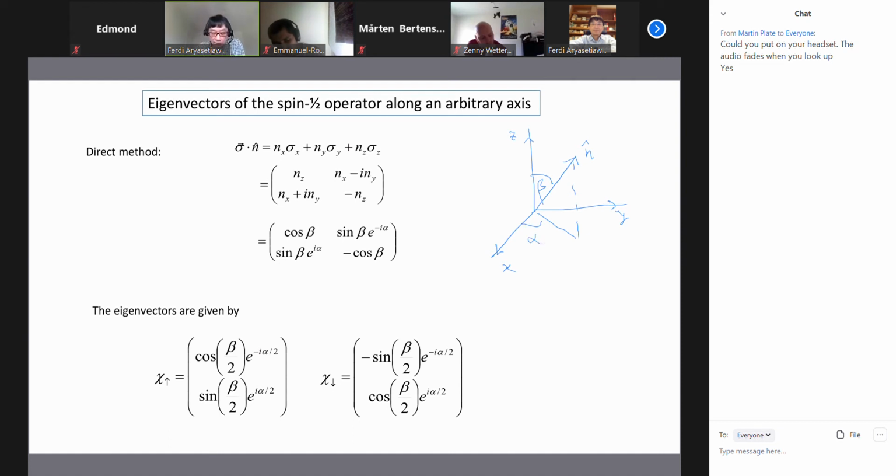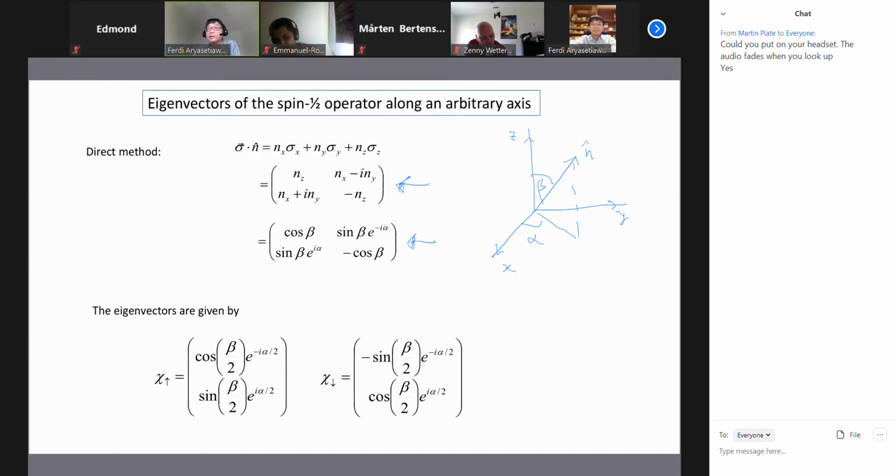Then we just form a dot product between the operator sigma and n, and use the Pauli matrices, and that gives me this 2x2 matrix. And just replace nx, ny and nz, so that nz is just cos beta, for example, and so on. So then we get this 2x2 matrix.